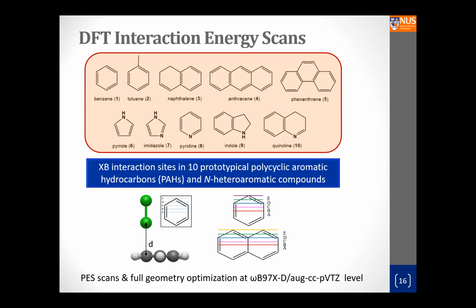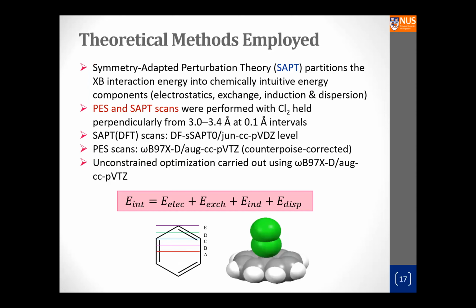Of course, as well as the scan, we do a full geometry optimization at ωB97X-D with augmented cc-pVTZ. In order to have a good understanding of the interaction, we use symmetry-adapted perturbation theory (SAPT), which basically partitions the interaction into electrostatic, exchange, induction, and dispersion.